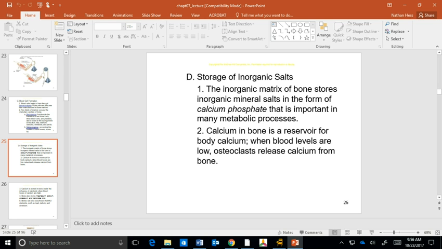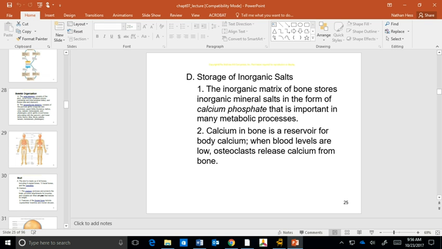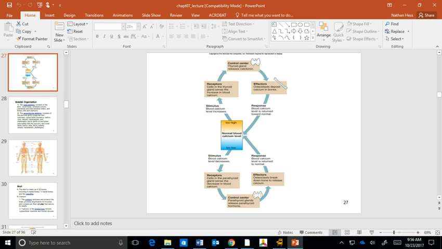There's a nice little homeostasis diagram on page 152. I don't think it's here in my notes, if I'm remembering correctly. Oh, no, it is. There it is. That's showing you this homeostasis process, right? We want to keep the blood calcium level at a certain level. If it gets too high, the body will take the calcium from the blood and put it in the bones.